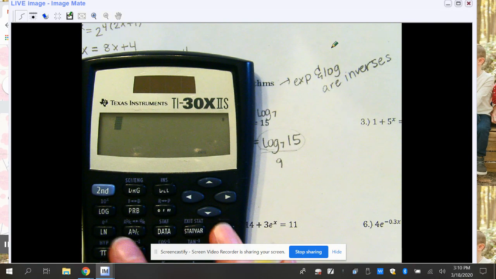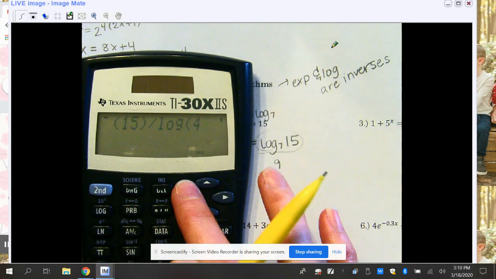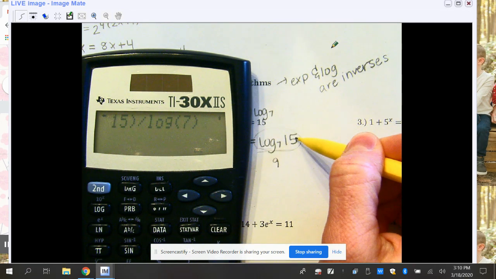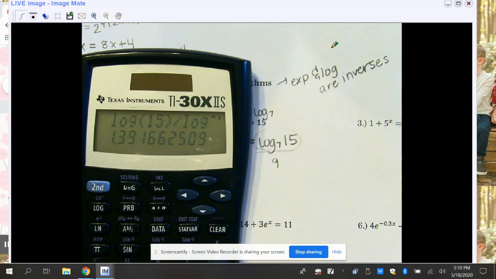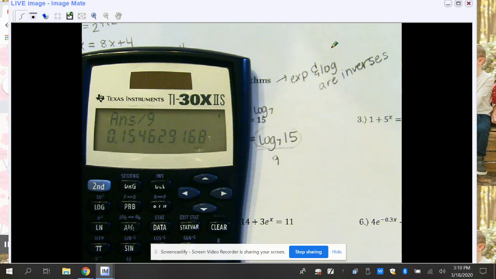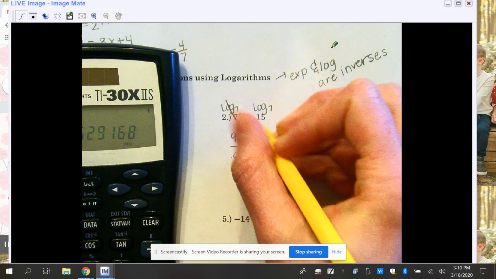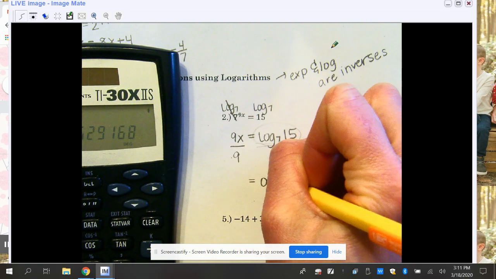So I would do the log of 15 divided by the log of 7. That's how we apply the change of base property, right? Log base 10, the ratio of that over log base 10 of that. Okay, so that's what my numerator is. And now I'm going to divide that by 9. And so my answer here is going to be about 0.155.